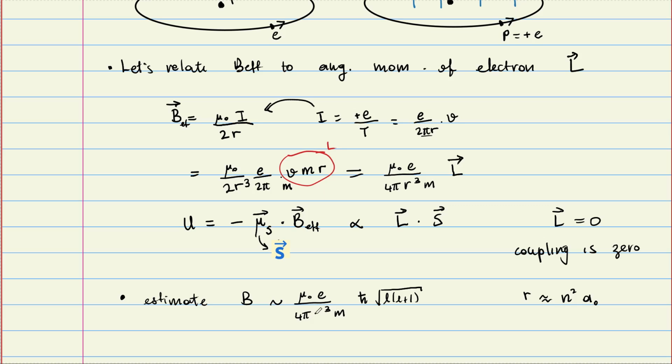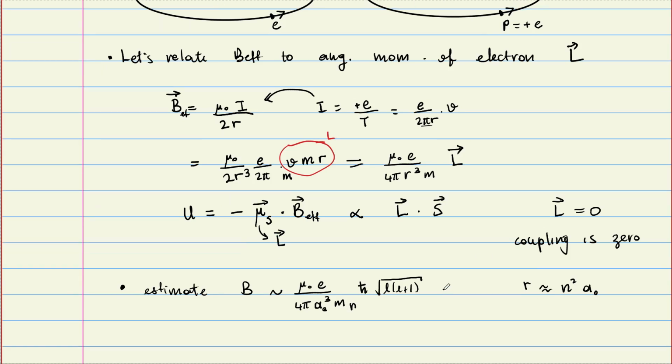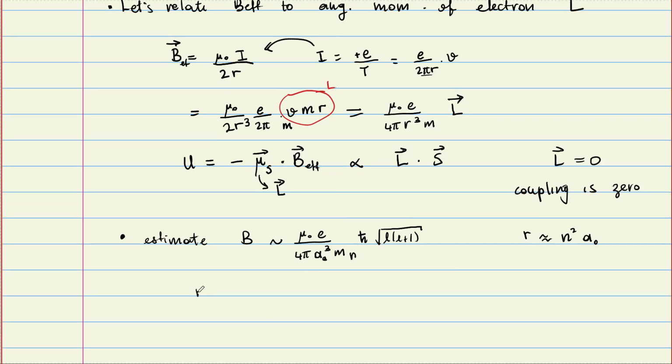And this is going to be a naught cubed, and there's maybe some power of n. For simplicity, let's take n equal to 2 and L equal to 1 state, right? It is the 2p state of hydrogen.